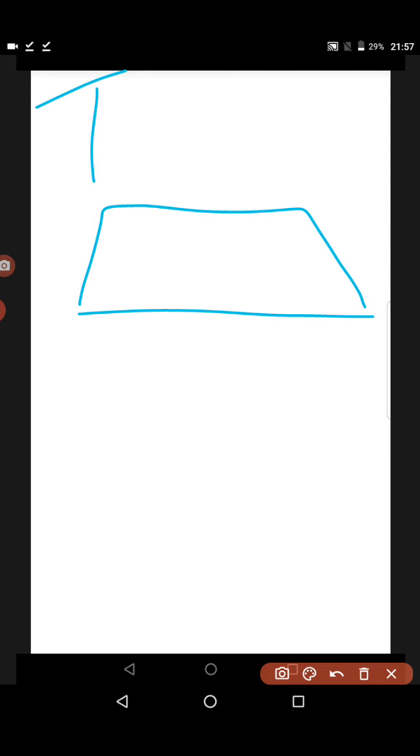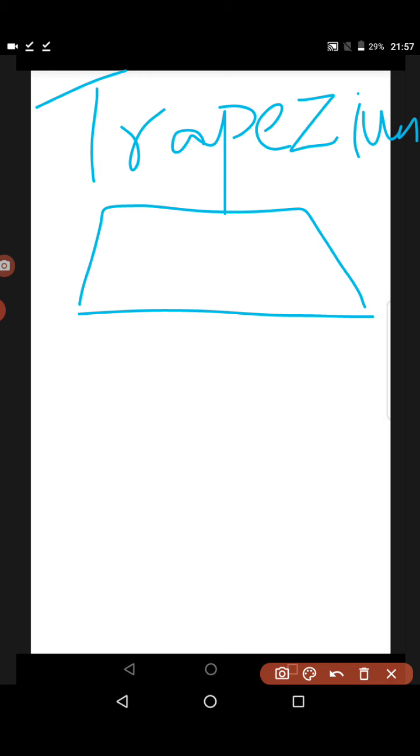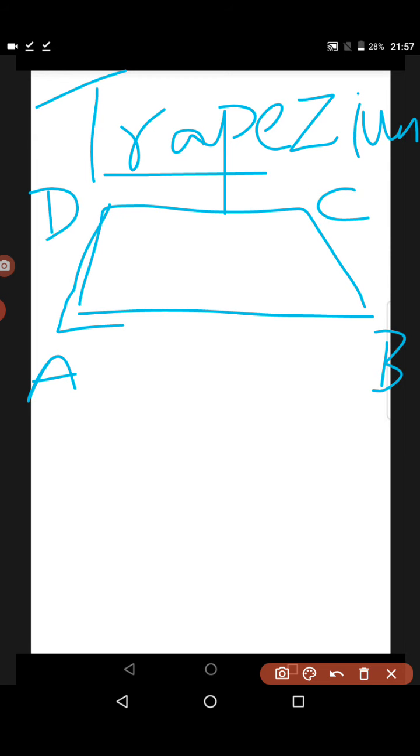So this is the trapezium. It looks like this. It's like a parallelogram, but one other side will be in the opposite direction. So it is like this. So let's name it first. A, B, C and D.